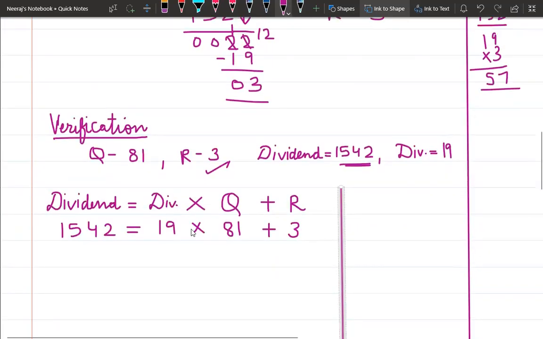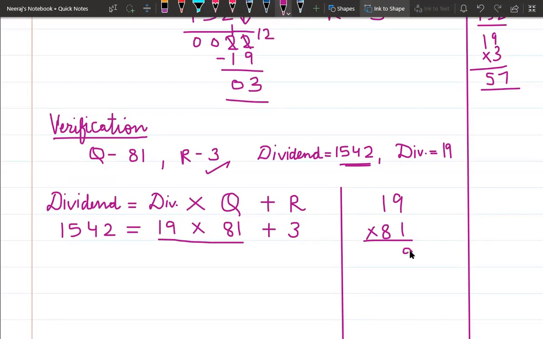So now let's multiply 19 into 81. Okay. And you know the multiplication very well. You have to multiply 19 into 81. And this will be 1 9s are 9. 1 1s are 1. You have to just put a cross because we have finished the ones place digit.